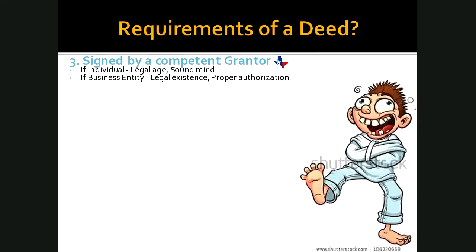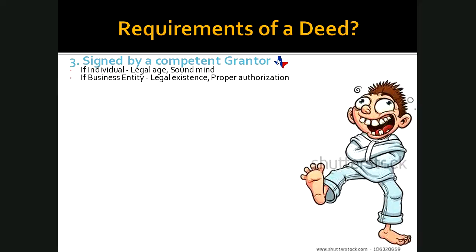So sound mind, you know what that means, right? That means you're not loony, you're not crazy. You can make your own decisions. You understand the consequences of your actions. You don't have to have people make decisions for you. So if you're not competent, if you're not of sound mind, we don't let you sell property because there's a risk, a very high risk of you getting taken advantage of because you're not of sound mind.